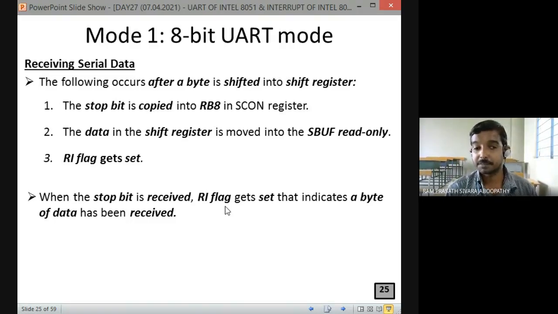In the case of reception, if enabled, it keeps waiting for the start bit. Once the start bit is detected, it skips the start bit and considers the next 8 bits. Once the shift register is full, the data is transferred in parallel to the SBUF register. When the transfer happens, the stop bit is copied to RB8, then the data in the shift register is moved to SBUF read-only, then the interrupt is generated. That's all about mode 1 operation.